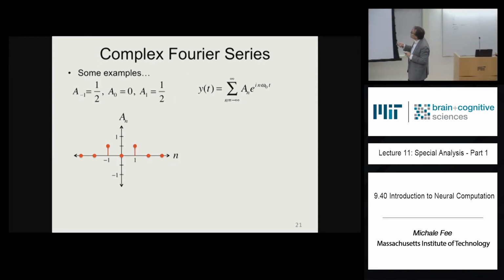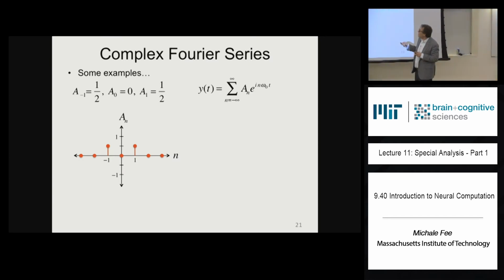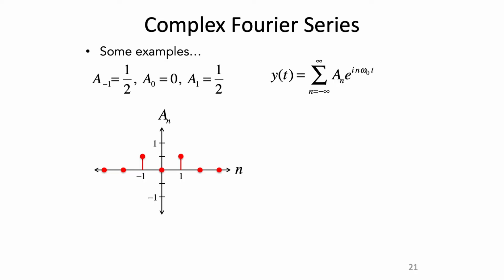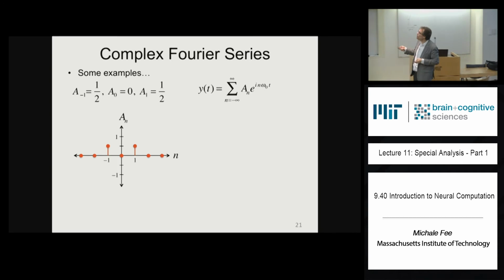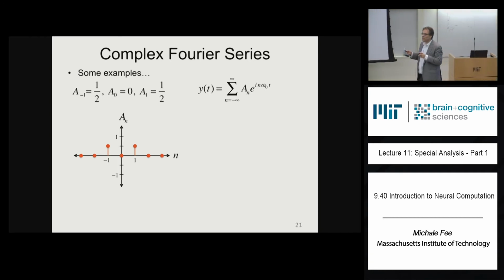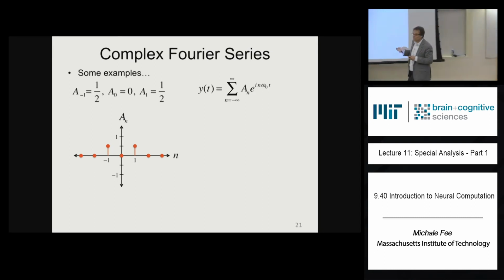So here's a function of n that has three numbers. A sub minus 1 is 1/2, a sub 0 is 0, and a sub 1 is 1/2. And all the rest of them are zeros. So really, we only have two non-zero entries in this sum. So what function is that?